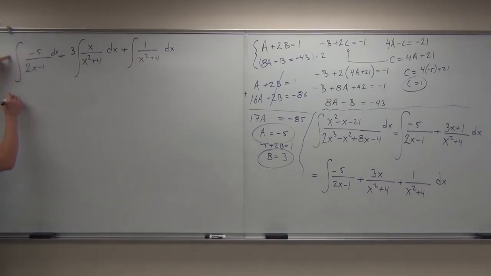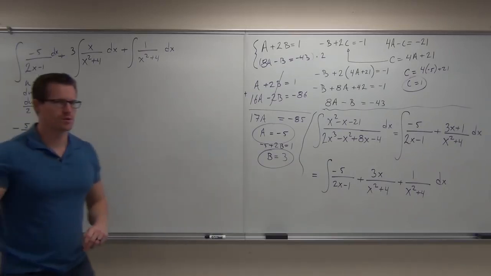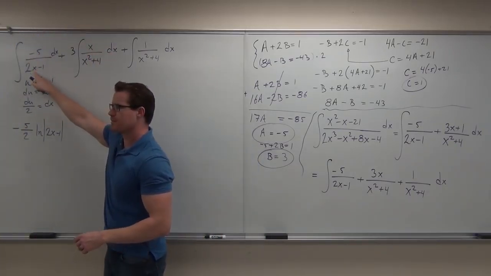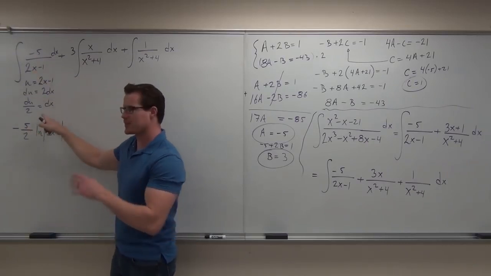This integral is fairly straightforward. Our u equals 2x minus 1, our du equals 2 dx, our du over 2 equals dx. Therefore, when you do your integral, this would be -5 over u, that would be -5 ln absolute value of u.